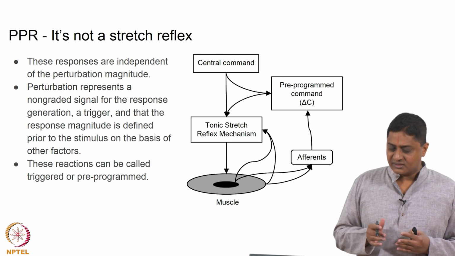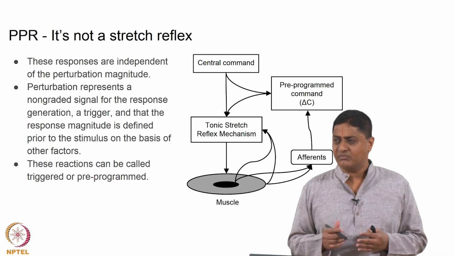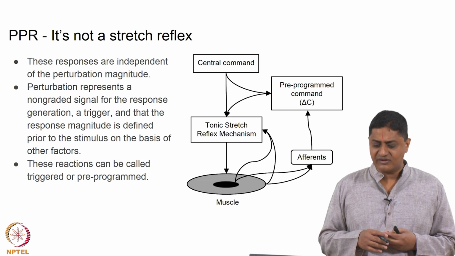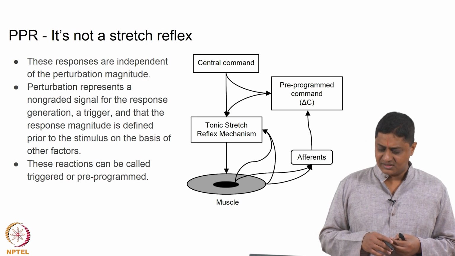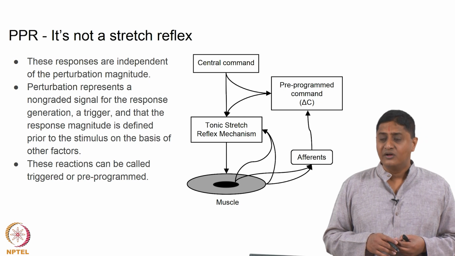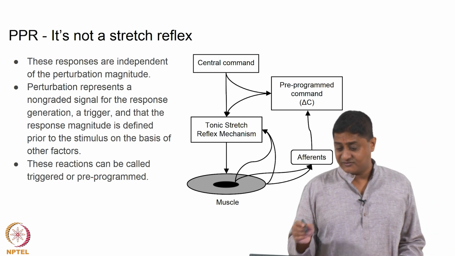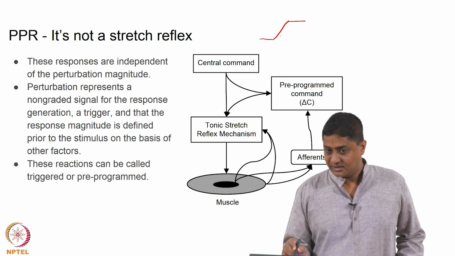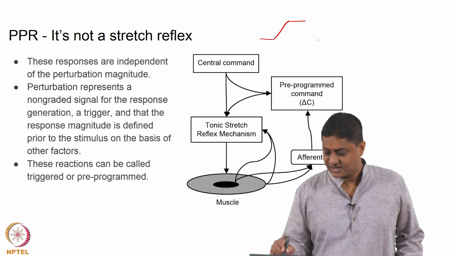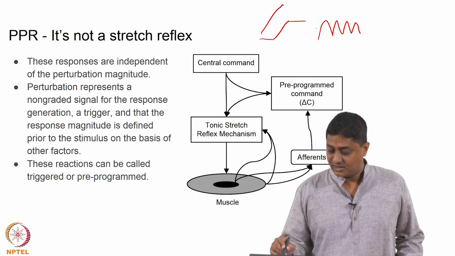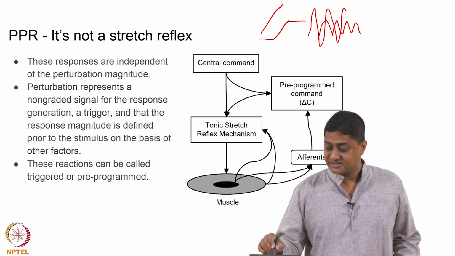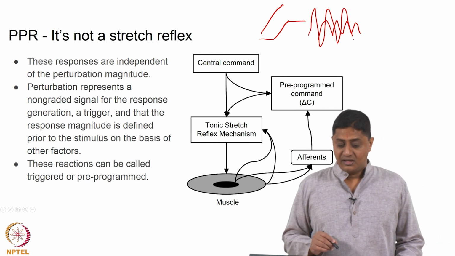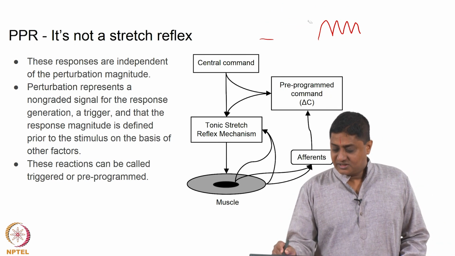Now, is the pre-programmed reaction some different name for a tonic stretch reflex? The answer is actually no. In the previous class, when we discussed tonic stretch reflex, if the length changes by a certain amount, the reflex amplitude varies by that much; when the length changes by a higher amount, the reflex amplitude also increases. However, in pre-programmed reactions that does not happen.